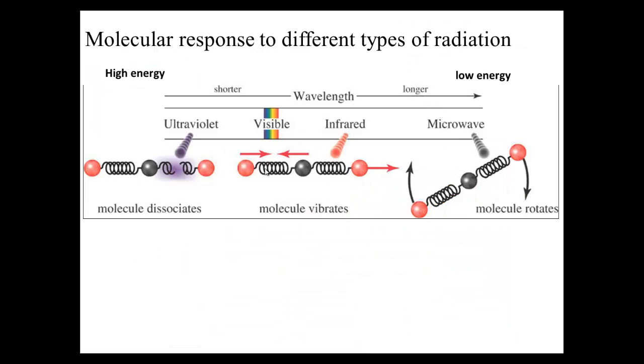So just as a summary of your molecular responses to different types of radiation, we've already talked about UV during the ozone chapter. And remember, UV is a higher energy than infrared. So when the UV light hits a molecule, if it's high enough energy, it will break it up. Just like you saw with the ozone. Remember how ozone is split up by the UV rays?